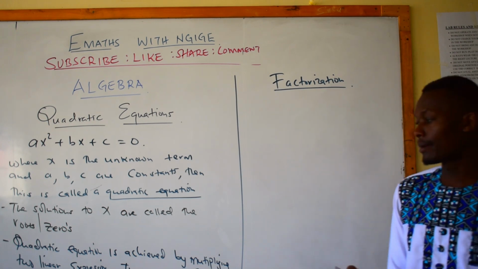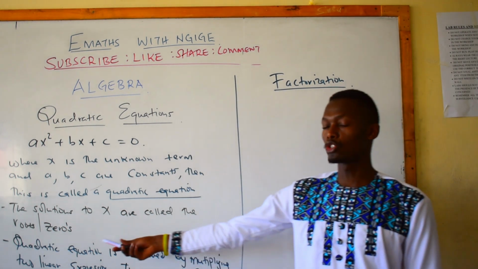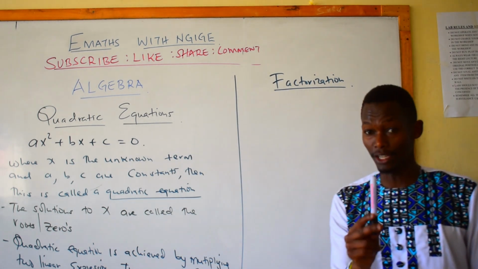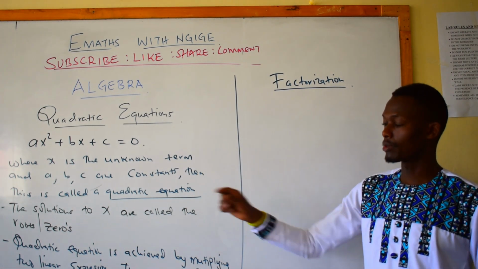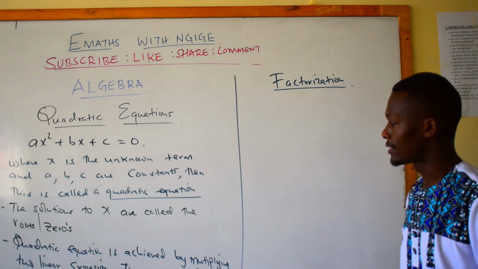So in short, what we are saying is we're going to be getting the roots or the zeros. So that is what we're going to achieve by solving a quadratic equation.